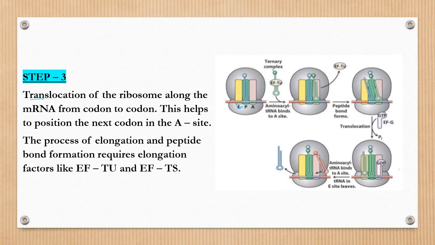That means once the bond forms, the ribosome will move along with the mRNA, codon to codon. As a result, the existing site will come out from the ribosome. So the process of elongation and peptide bond formation requires two factors, elongation factor Tu and elongation factor Ts.